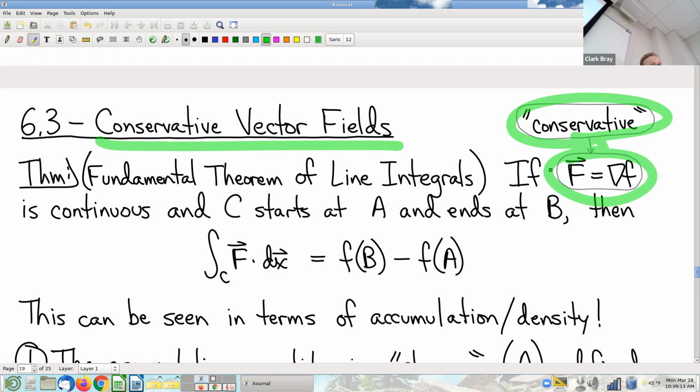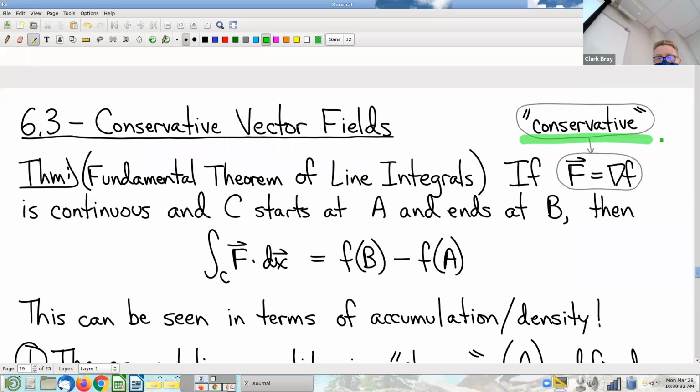And so conservative makes sense in the physics context because they're all about conservation of energy, because they're physicists and energy is what they're ultimately more interested in, right? So it's not a ridiculous choice, but for what we're doing here, I think it's unnecessary. So I'm going to use this term conservative just for sort of cultural purposes, because this is what you're going to hear out and about, as it were, when you're talking about these kinds of things. But I'm going to most of the time just call them gradient fields because that's explicitly what they are. Okay.